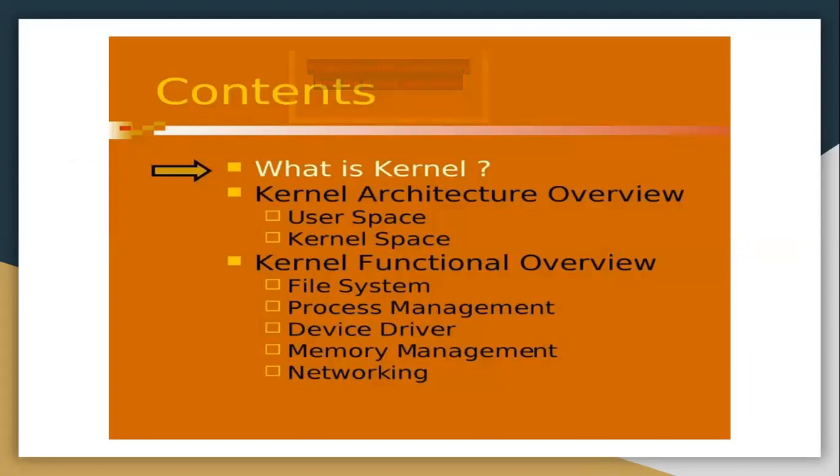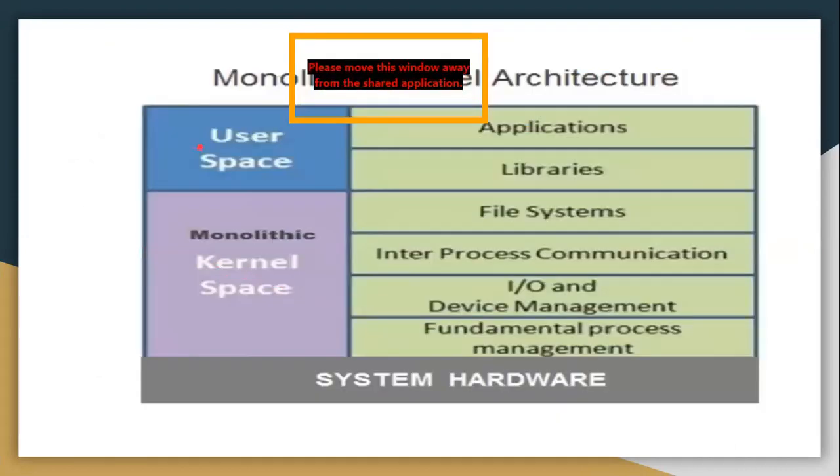Now I'll tell you about the kernel. There is user space and kernel space, and one is the kernel function. These are all the functions done by your kernel. User space holds all applications and libraries, and kernel space has functions like file management, inter-process communication, IO, and fundamental process handling.